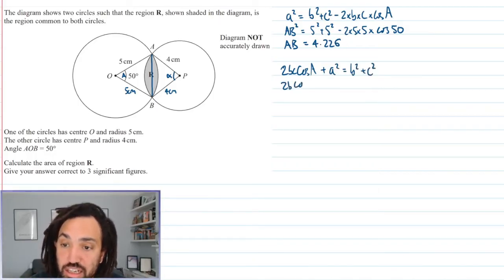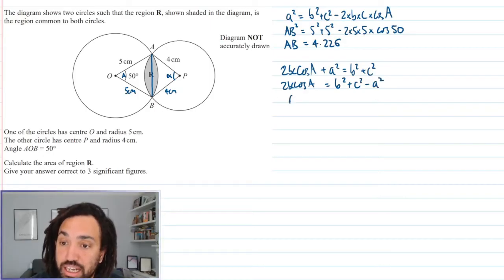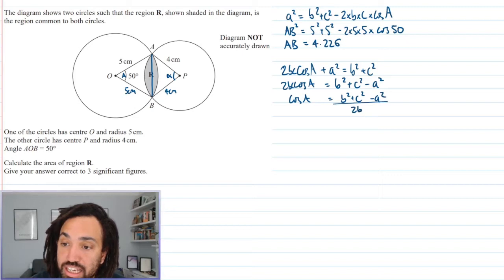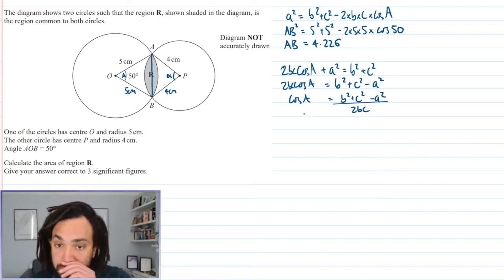I can then subtract the a squared, like that, and then I can divide through by 2bc. And that gives me my formula for cosine capital A.